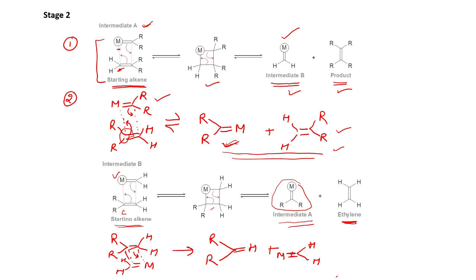So in the second case you are getting your starting material back, and this process will continue until you get your intermediate A and ethylene.